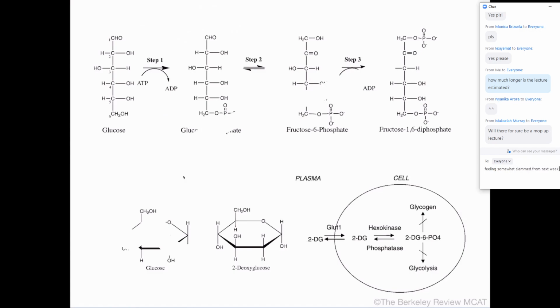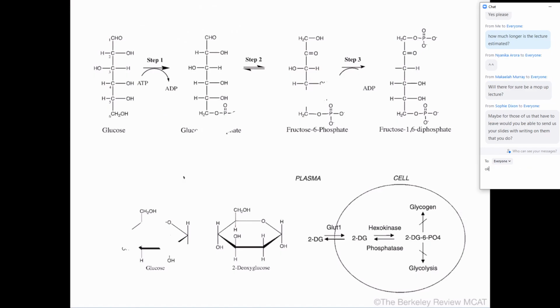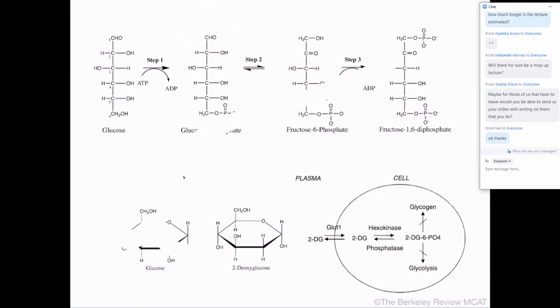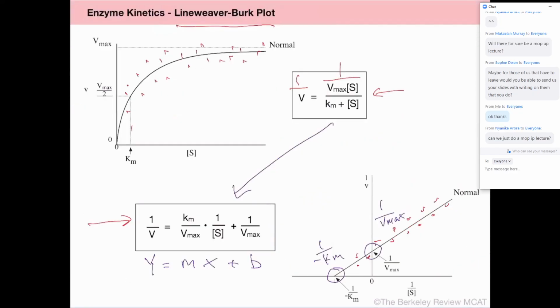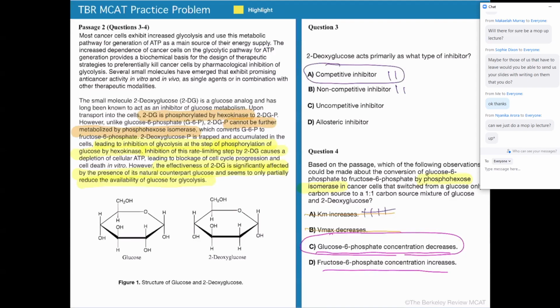But we've got to talk about metabolic components, which we'll maybe brush over, and then we're going to talk about glycolysis, which we're not going to brush over. I could send you the slides with writing on them, but my slides with writing on them are kind of messy.